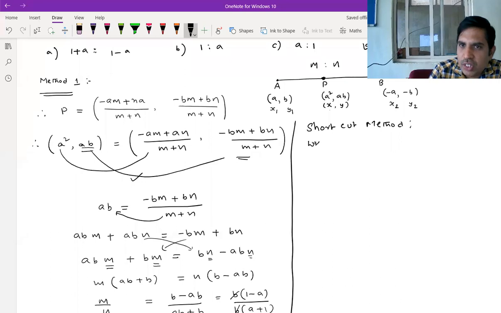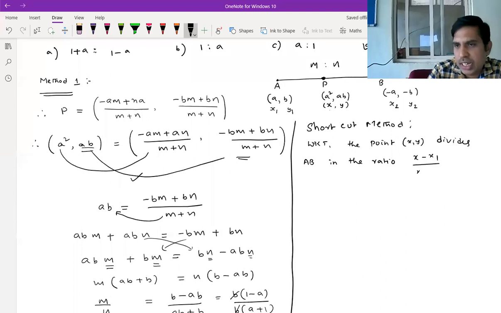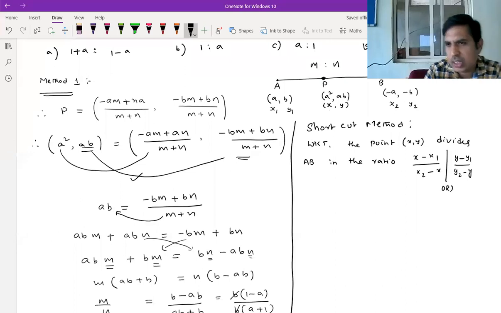Here we know that the point x comma y divides AB in the ratio x minus x1 by x2 minus x, or y minus y1 by y2 minus y. This symbol is nothing but or, and remember, it is not divided. You can use either the first one or the second one.